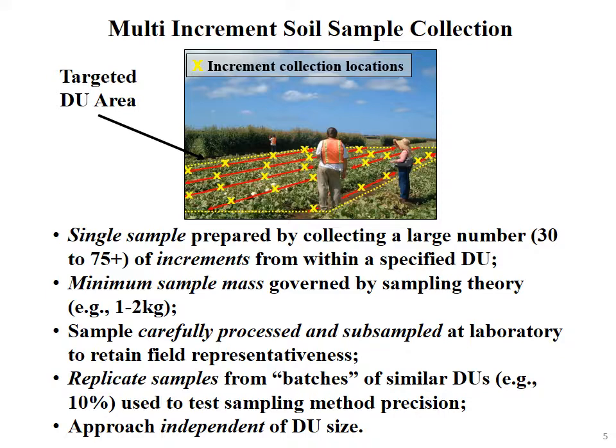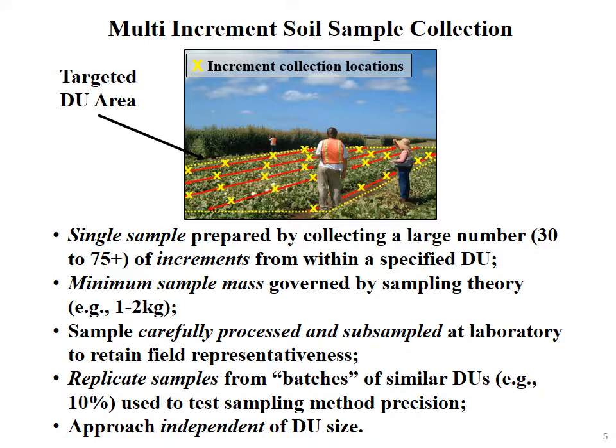So the minimum sample mass is governed by sampling theory. Again, we'll talk about that in the third presentation. If you're looking at less than 2 millimeter fraction of soil, the minimum mass you need to collect is around 1 to 2 kilograms. And the soil sample that you collect is carefully processed and subsampled at the laboratory to retain the field representativeness. If you're looking for non-volatile contaminants, then the laboratory will typically dry and sieve the sample to less than 2 millimeters or smaller fraction if needed.